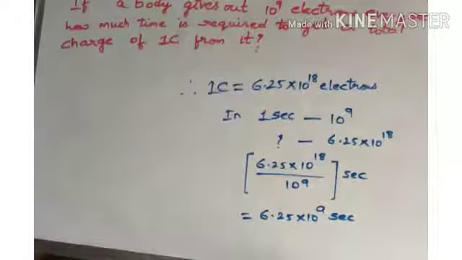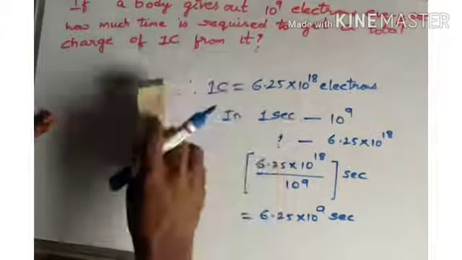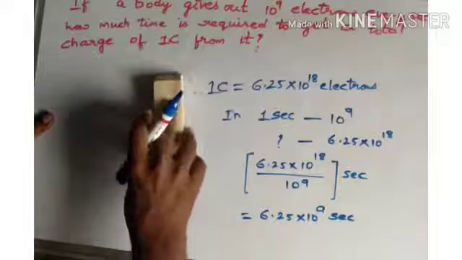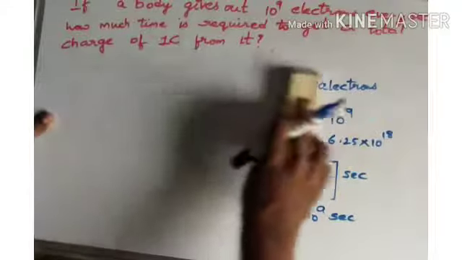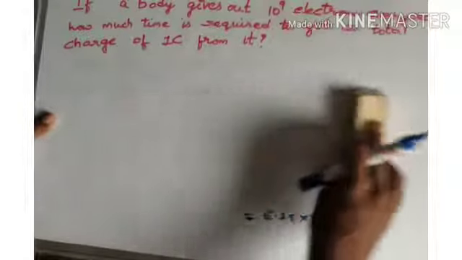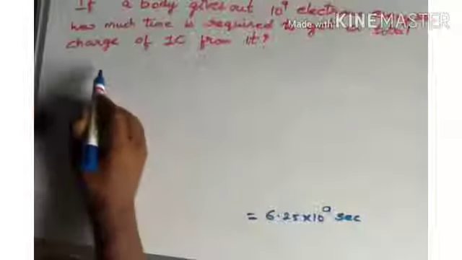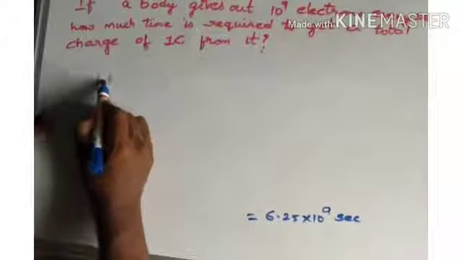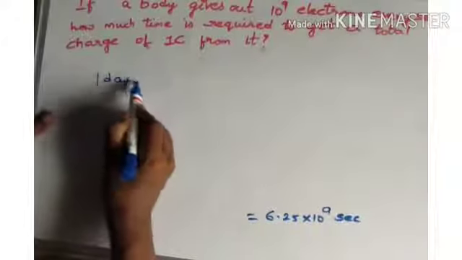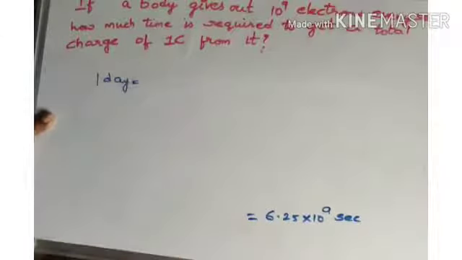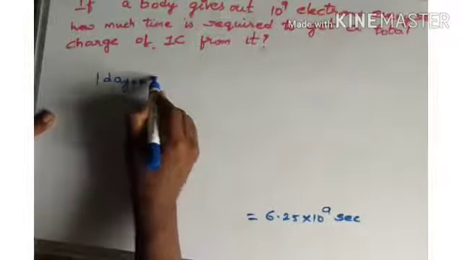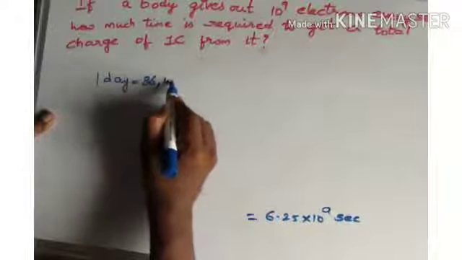We'll just convert this into days. 1 day is equal to how many seconds? 86,400 seconds.